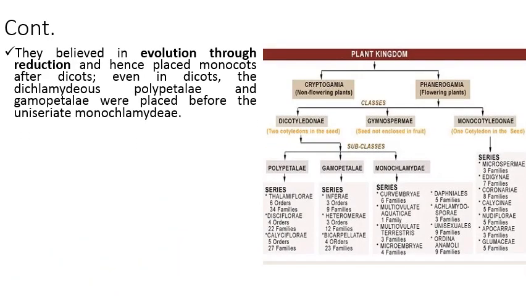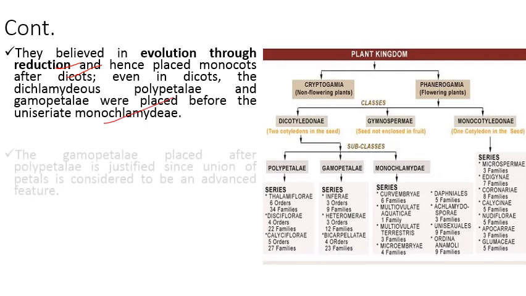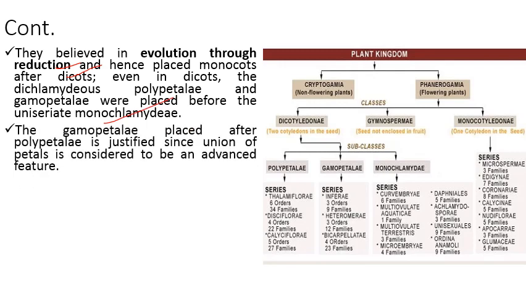Next, they believed in evolution through reduction and hence placed monocots after dicots. Even in dicots, the dichlamydeous polypetalae and gamopetalae were placed before the unisexual Monochlamydeae. The gamopetalae placed after polypetalae is justified since union of petals is considered to be an advanced feature. Again, fusion of different floral parts is considered an advanced character.